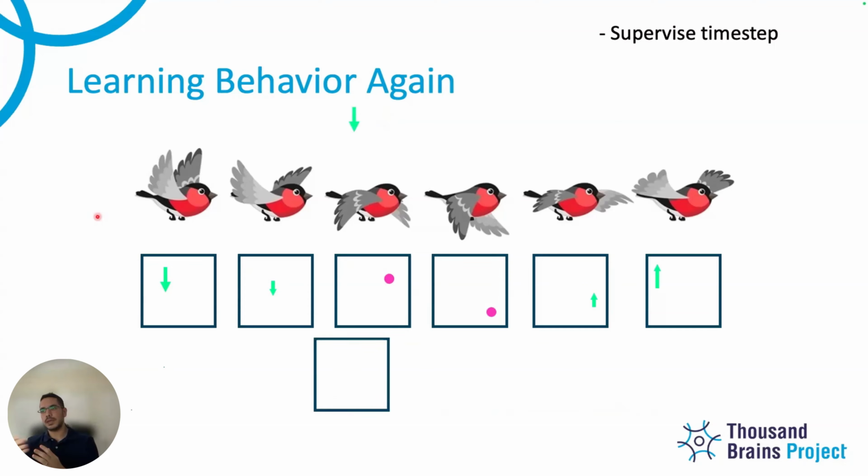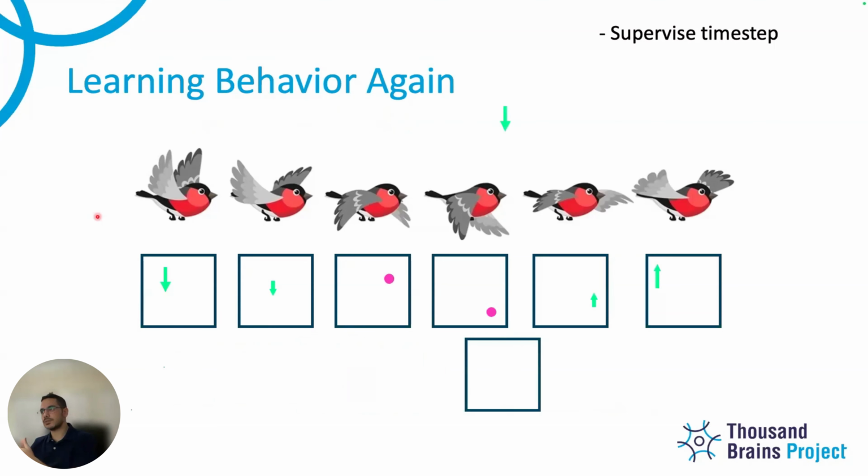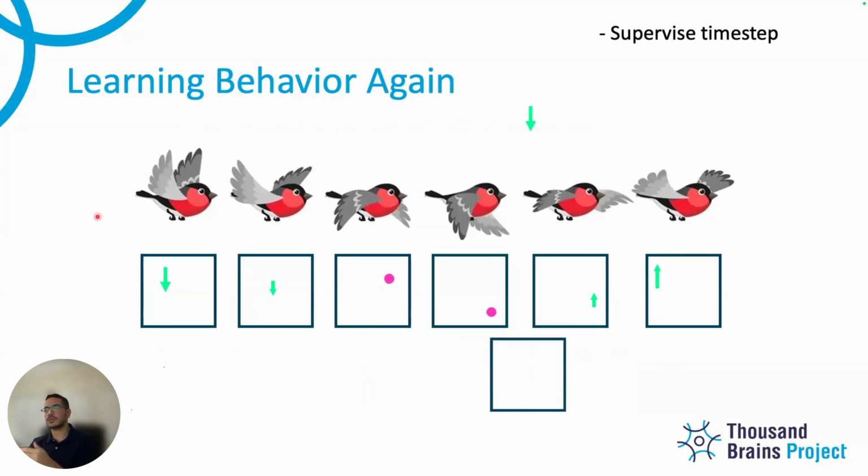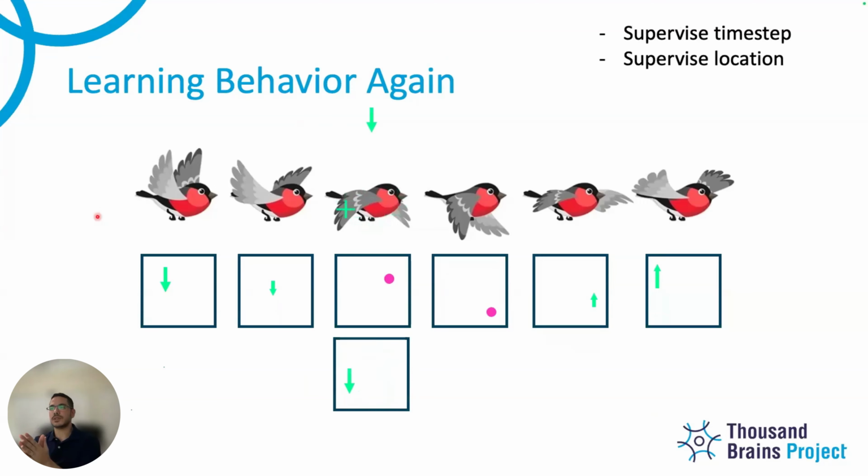And I think with behaviors, we can still do the same supervision thing. It's just going to be that we're supervising one more thing, which is the time. So basically, where we're starting, we need to supervise the location on the object, or the viewpoint of where we're starting to look at the object.